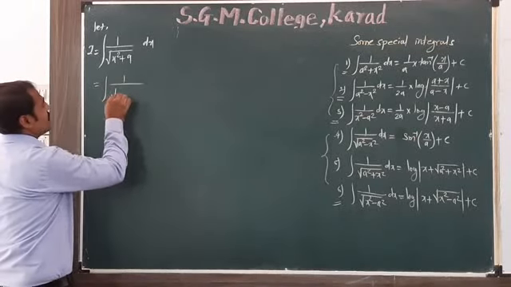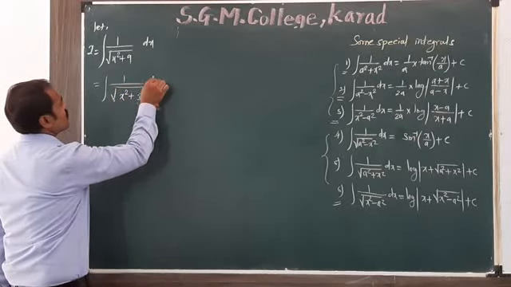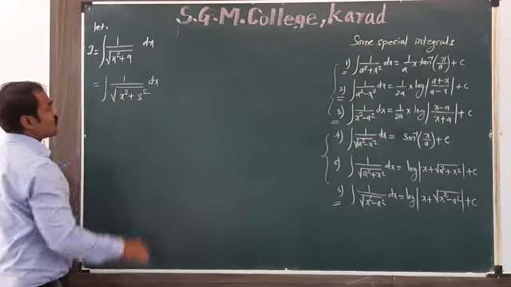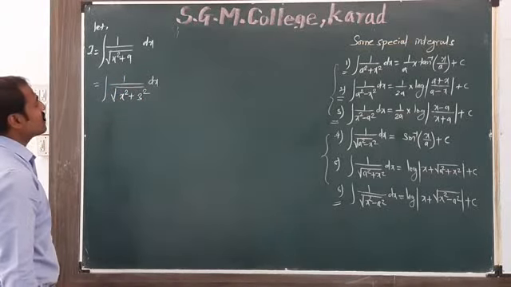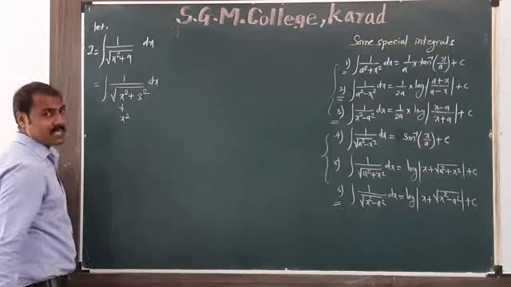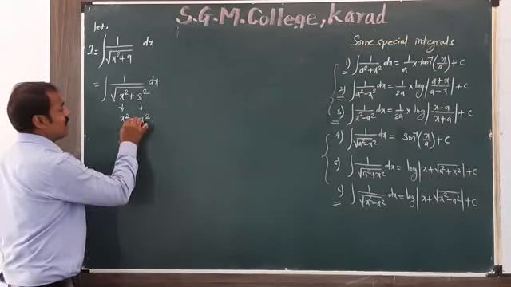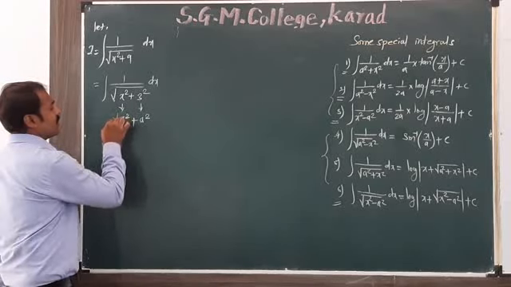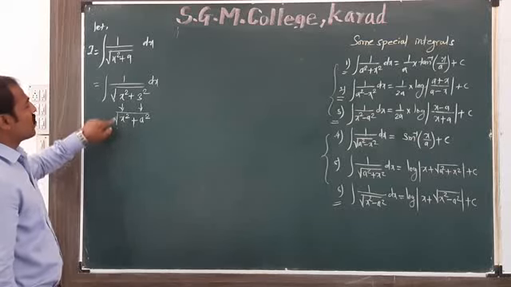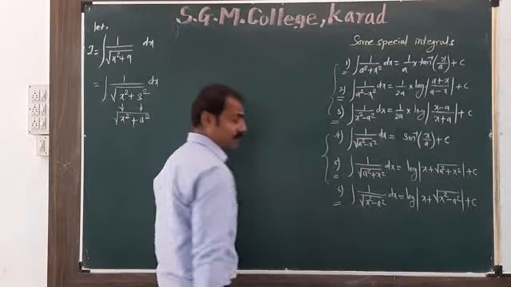So I can write the second term also as a constant square. So the integration becomes I is equal to the integration of 1 upon square root of x square plus 3 square dx. Here is the x term, so I write x square. Here is 3 square, I write this as a square, and the middle sign is plus, and it is in the square root. So it looks like the integration of 1 upon square root of x square plus a square. That is our fifth formula.